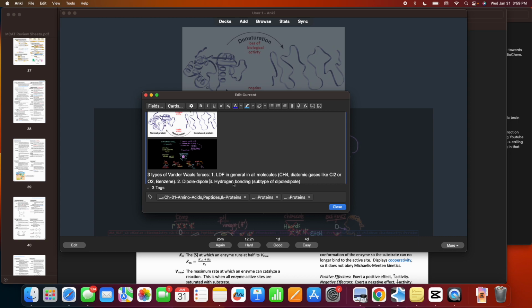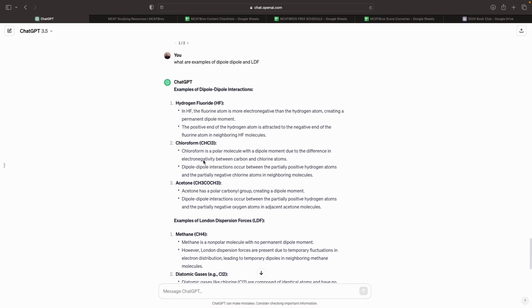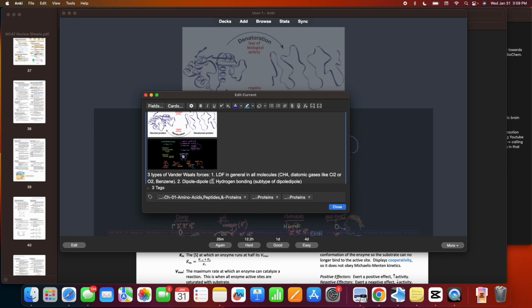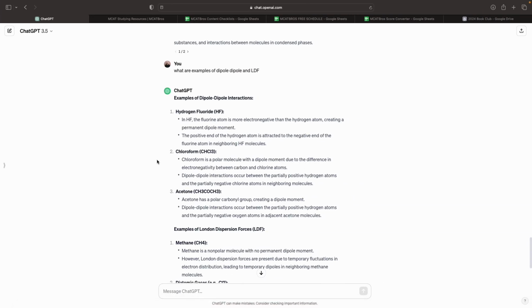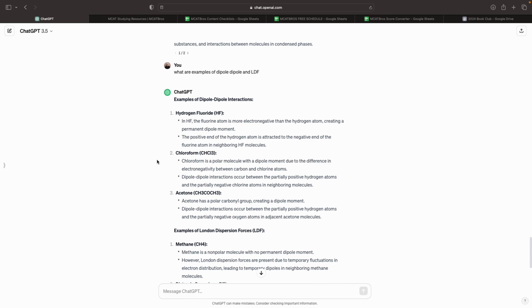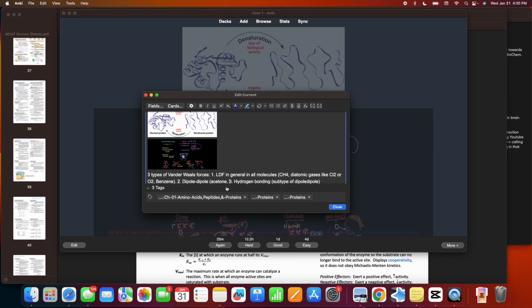So for dipole-dipole we have acetone, hydrogen fluoride, chloroform. Should be good.